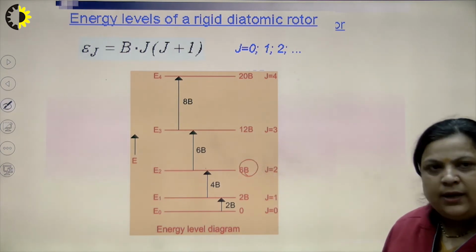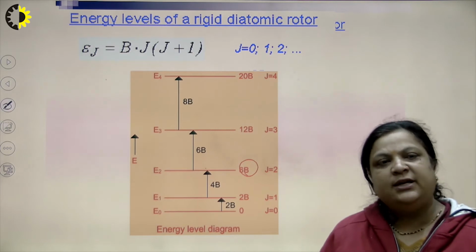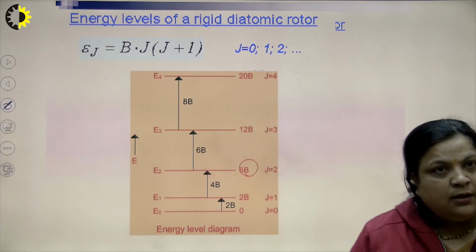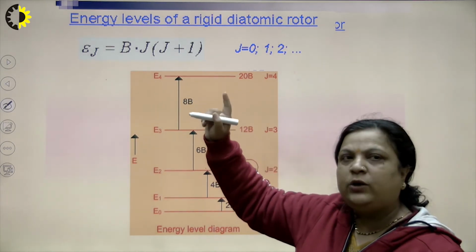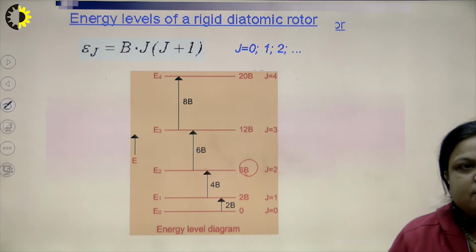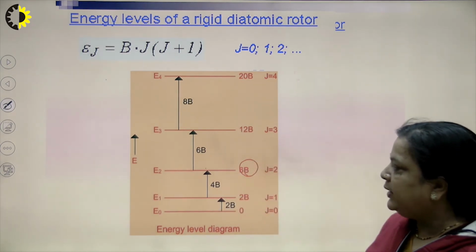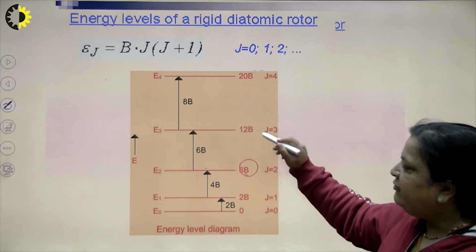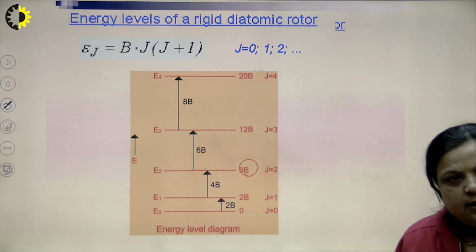Suppose we have to calculate the total energy required from 0 to 3 level. We are not allowed to use a direct value, because the transition rule is that delta J must be plus or minus 1. So, first we calculate from 0 to 1, then 1 to 2, and then 2 to 3, and then we can find the energy for the third level, that is 0 to 3.